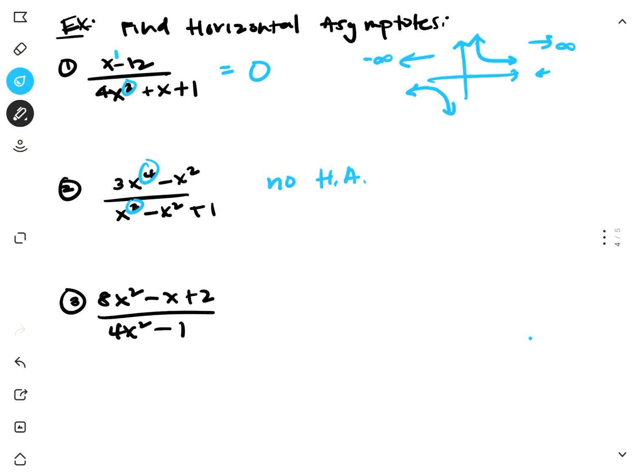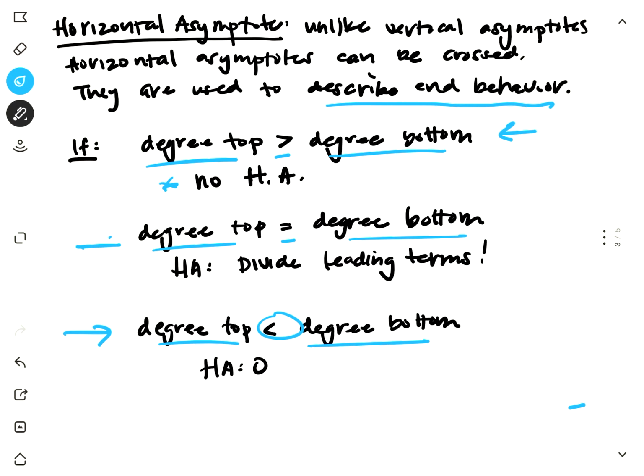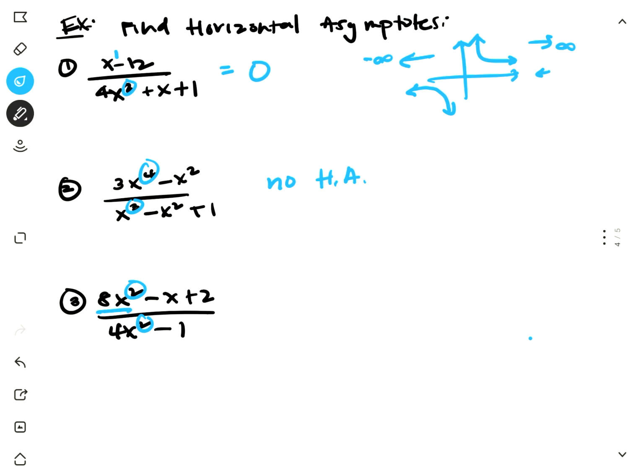And then the last one, the degree is the same. Whoops, I keep going the wrong way. Okay, so if the degree is the same, they're equal, right? We're going to divide leading terms. So we're going to take the biggest term on top, that would be 8, and then the leading term on the bottom, 4.